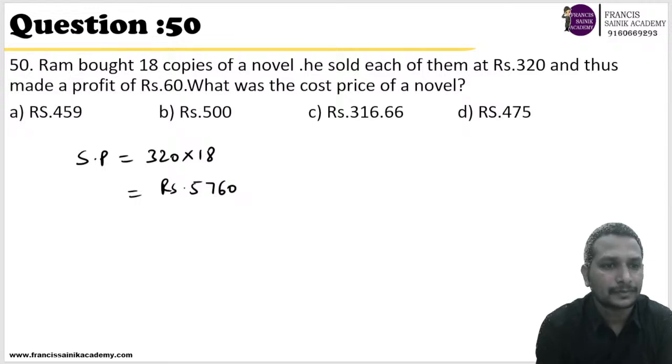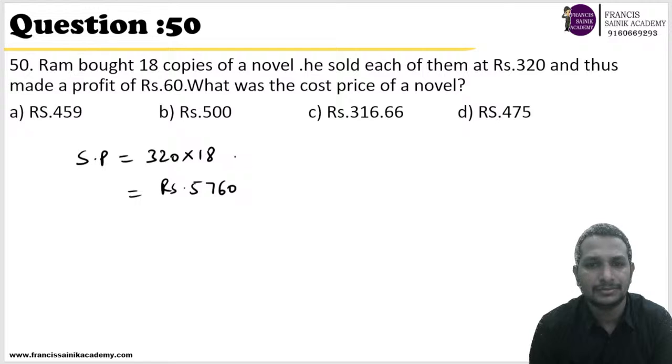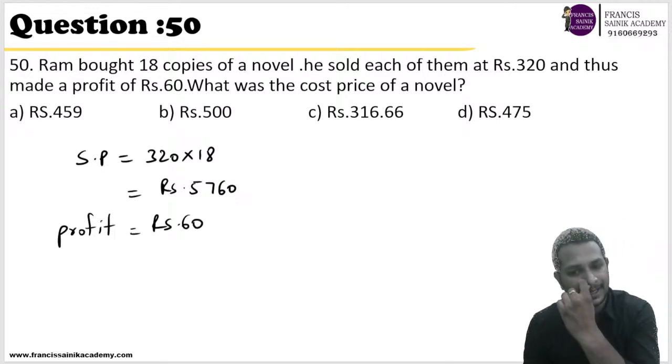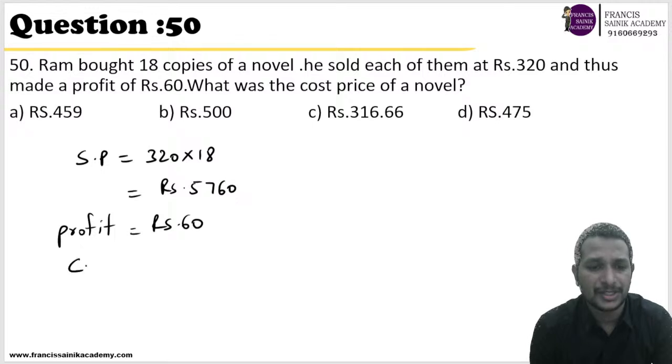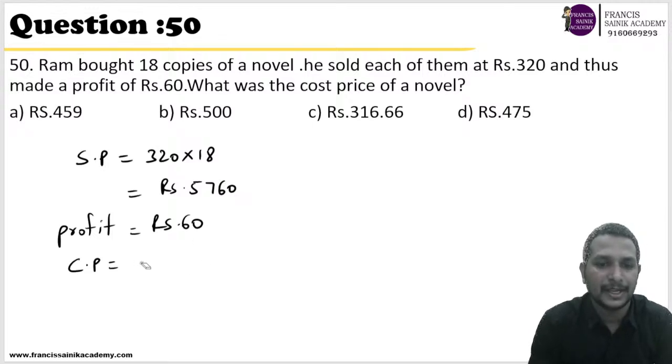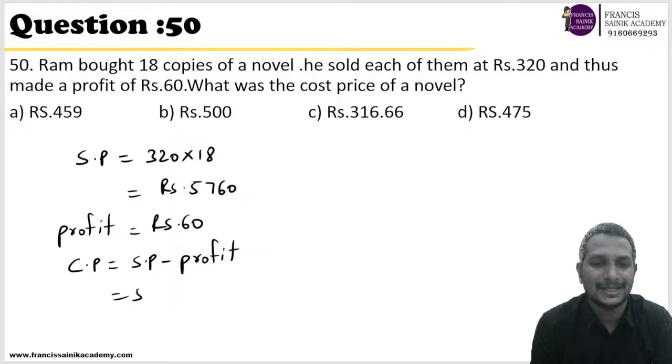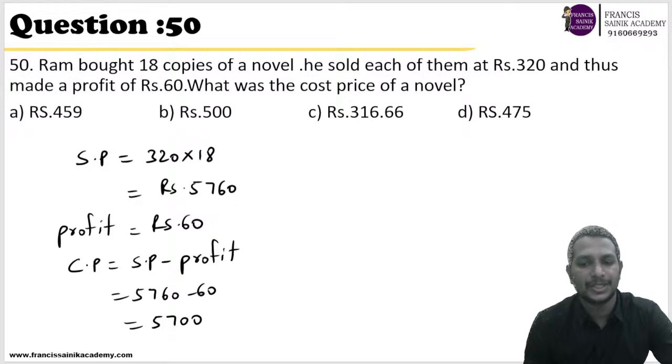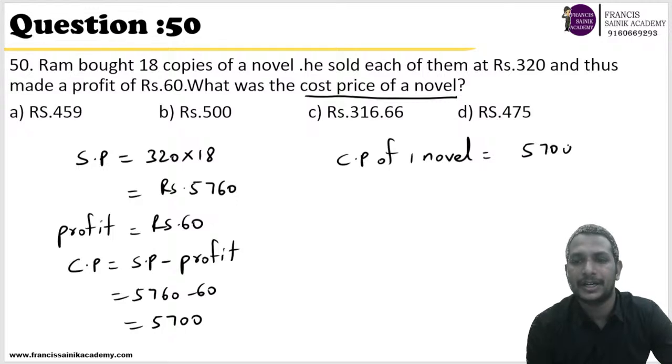Selling price minus profit gives 5760. Asking for one novel, the cost price of one novel.